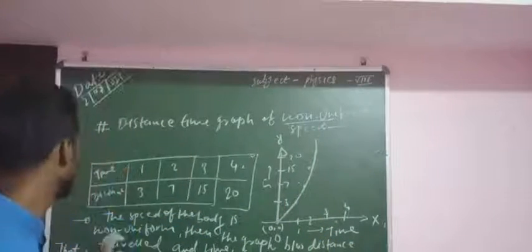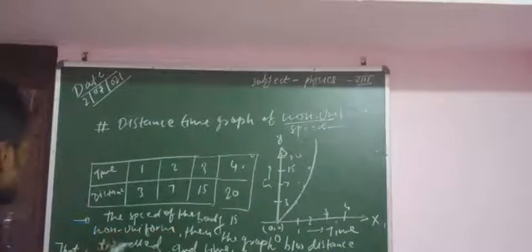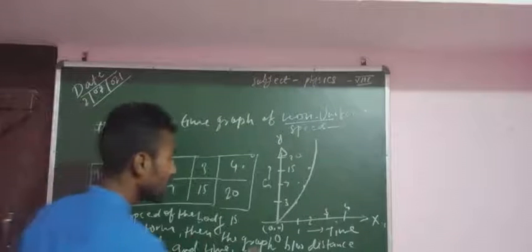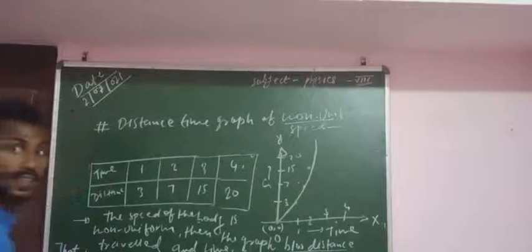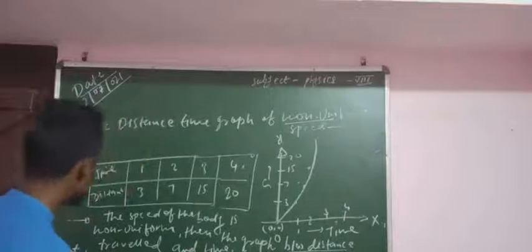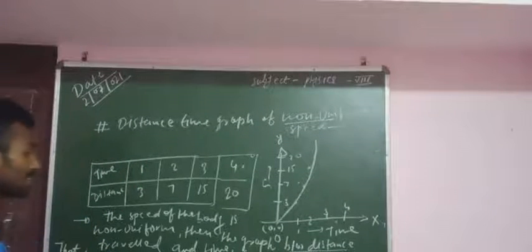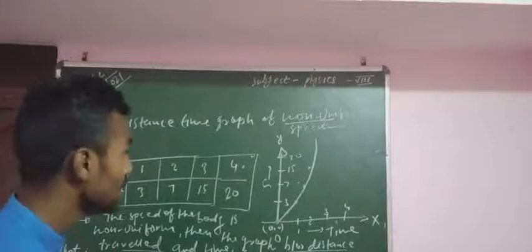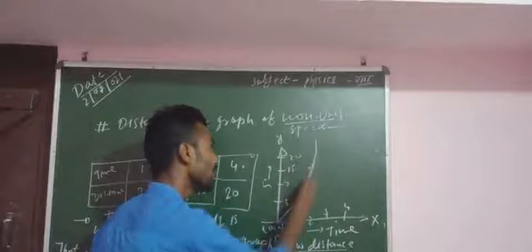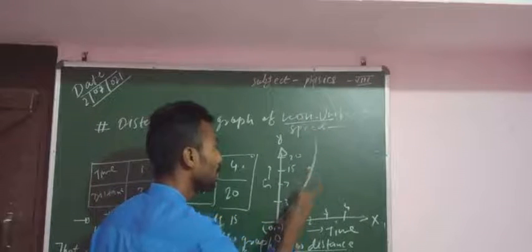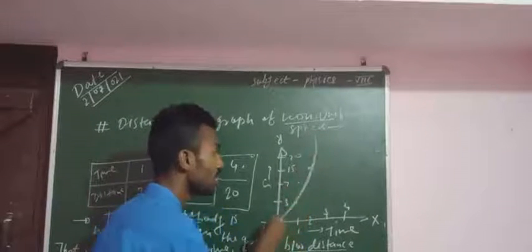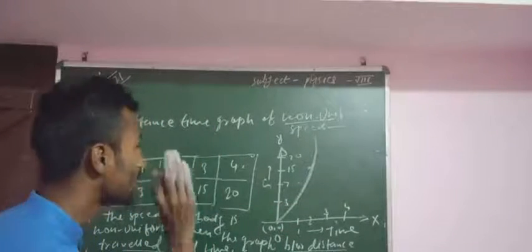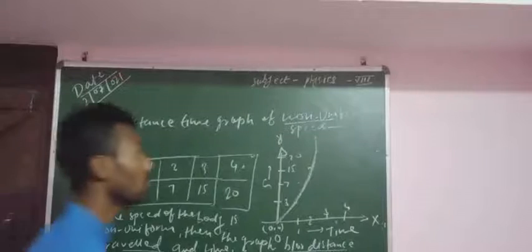So simply, if the speed of the body is non-uniform, then the graph between distance traveled by the body and time taken is a curved line. When a body is moving with non-uniform speed, the distance time graph is a curved line. तो इस कर्व लाइन को बोलते हैं हम लोग parabolic.